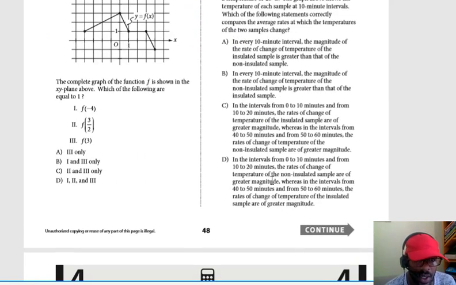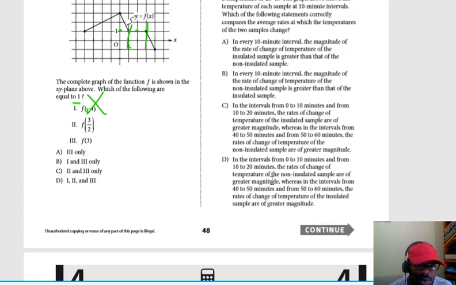26. The complete graph of the function f is shown in the xy plane above. Which of the following is equal to 1? To get the value of f of x equal to 1, the value of x must be between 1 and, what's this, 1, 2, 3, between 1 and 3. So any value of x between 1 and 3 gives you 1.